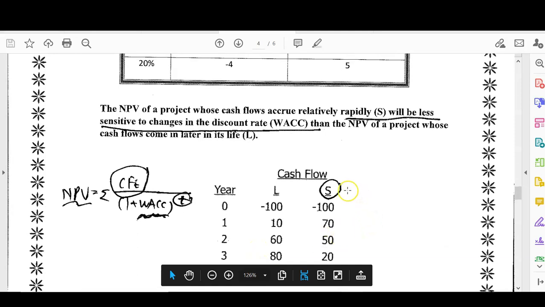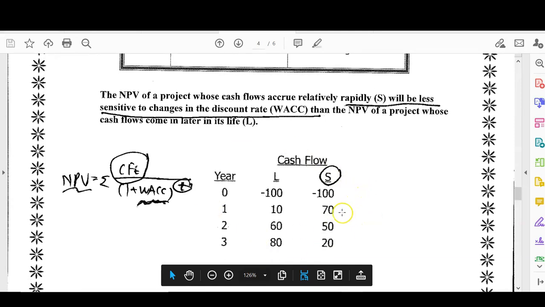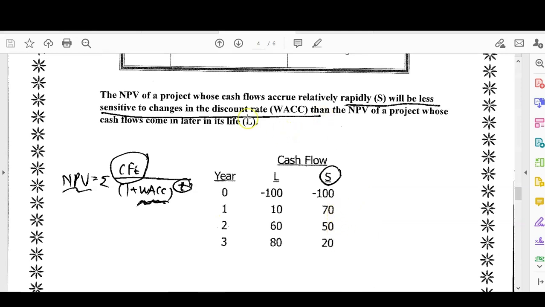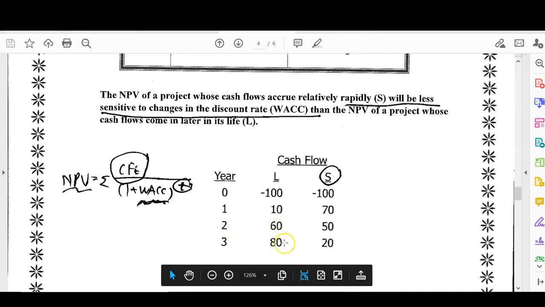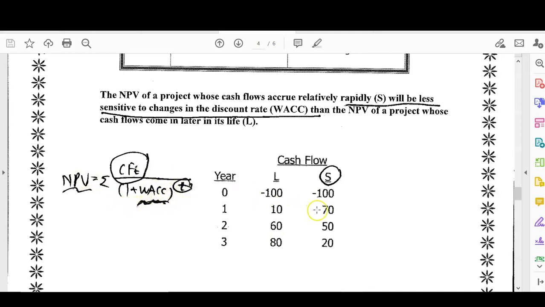Okay, so you can see for project S, we have more money coming in the first year and second year, 70 and 50. For L, we have more money coming at later times, in years 2 and 3, 60 and 80. When we calculate NPV, cash flows are discounted by using 1 plus WACC to the power of T. So when the money comes earlier, like S, T is smaller, so the change in WACC would have a smaller effect on NPV.